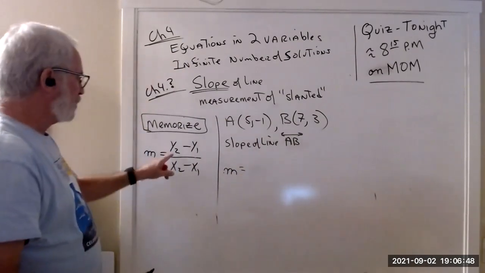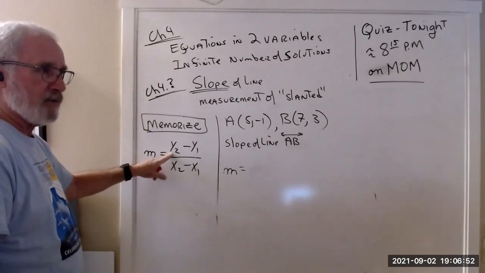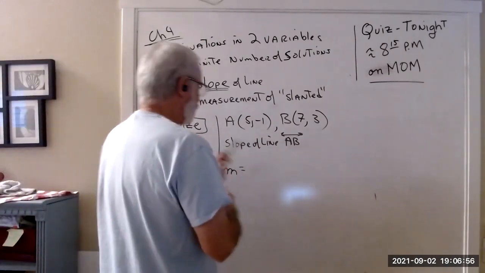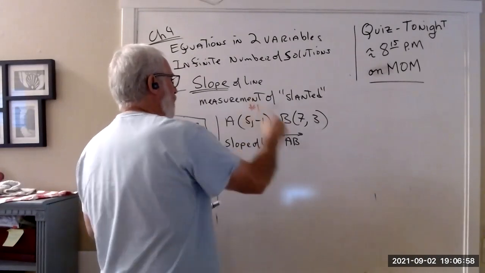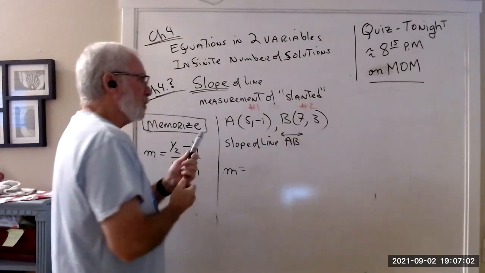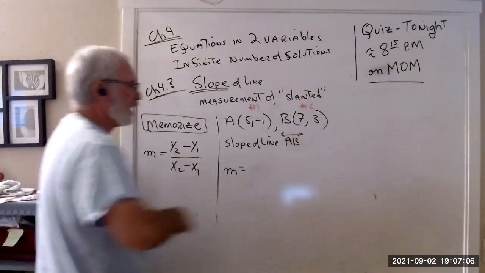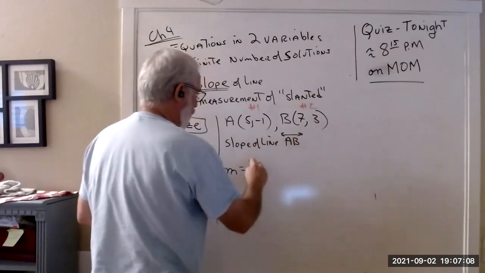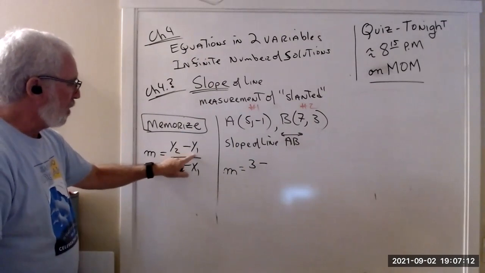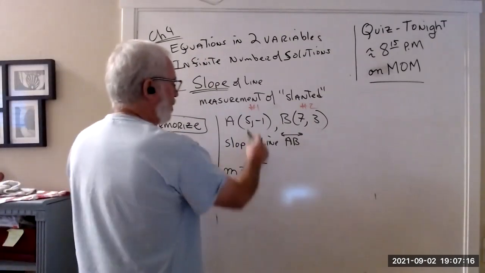Now, y sub 2 literally stands for the second y value. So if we call this number 1 and we call this number 2, when we say y sub 2, we're saying take the second y value, 3, minus y sub 1. That's literally the first y value. Now be careful.